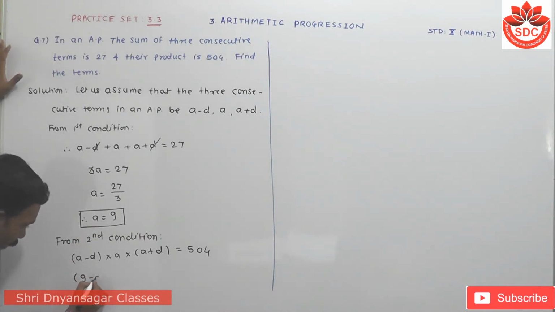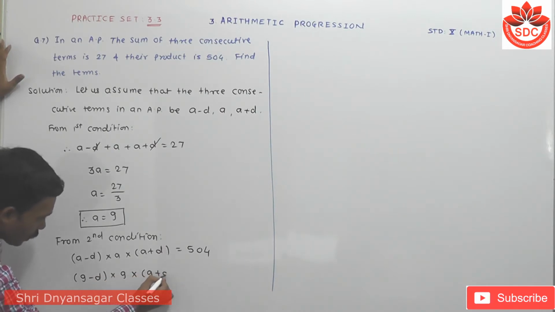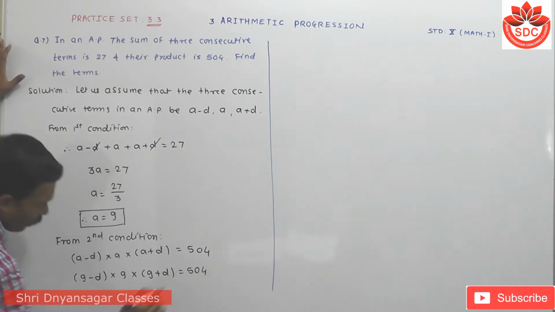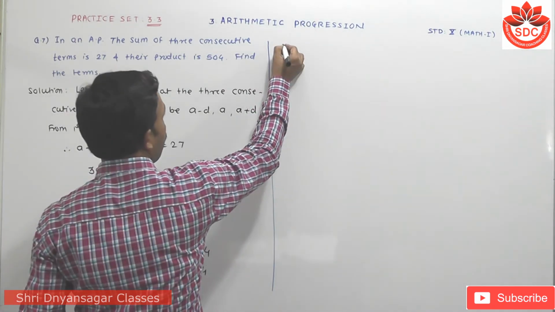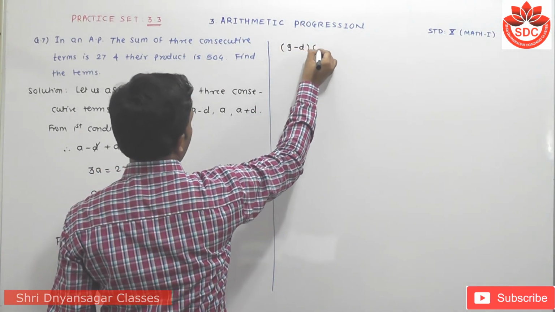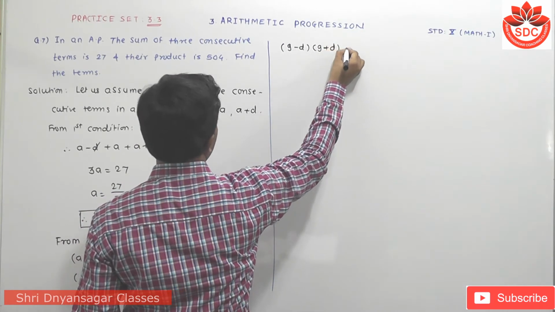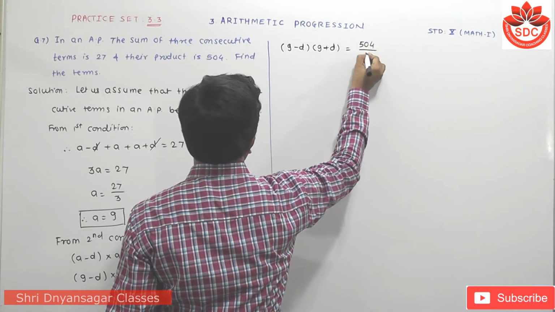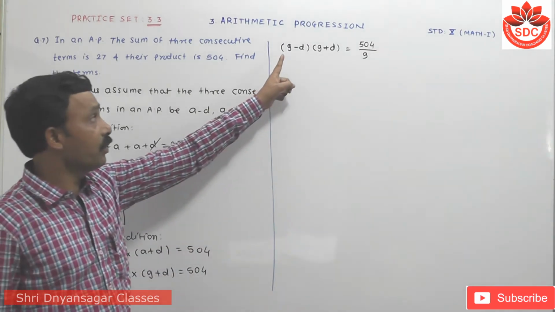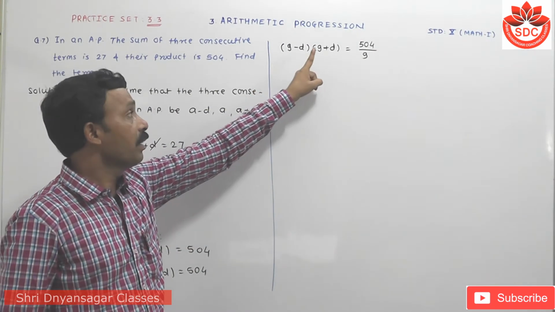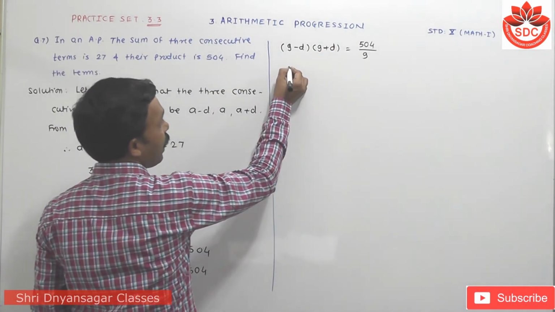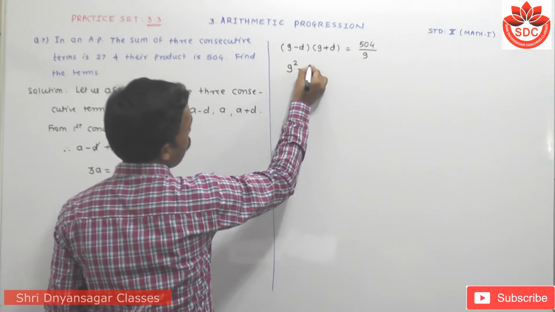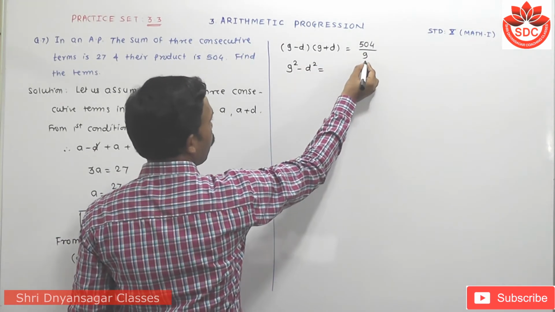A is 9, meaning 9 minus d times 9 plus d, which is a square minus b square. Meaning 9 square minus d square. We have to simplify it.